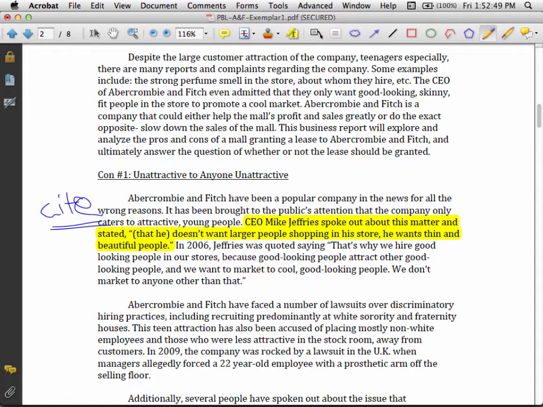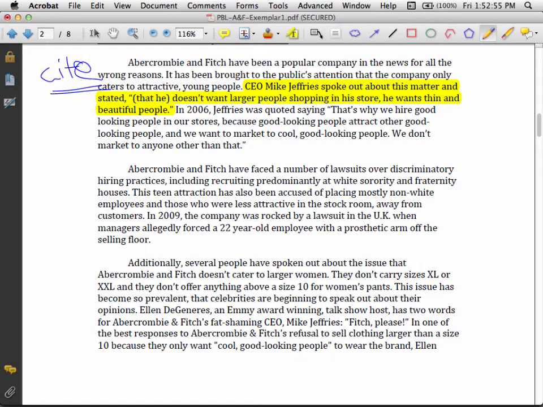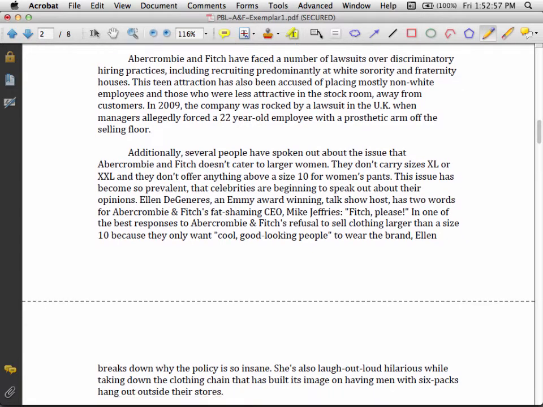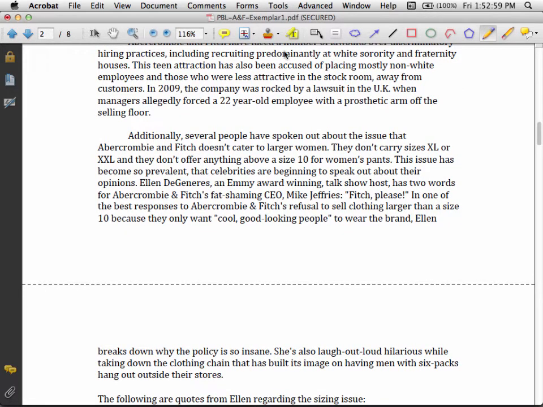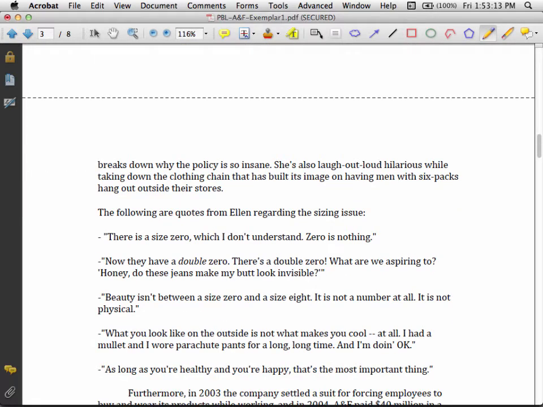Let's see, there's no citations actually anywhere in this entire paper. What else have we got? Moving along. So we have Ellen DeGeneres, an Emmy Award-winning talk show host. So this comma right here should be gone. And we have down here some information about Ellen DeGeneres.